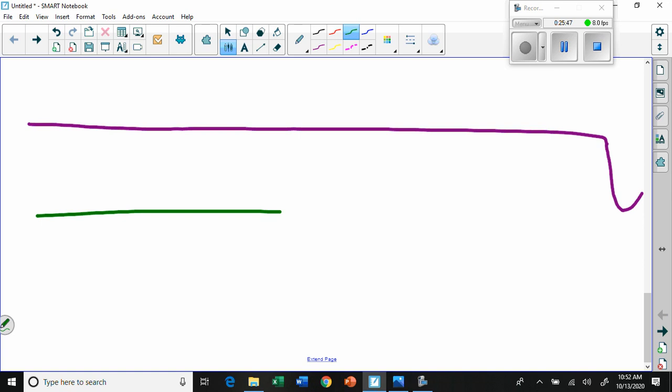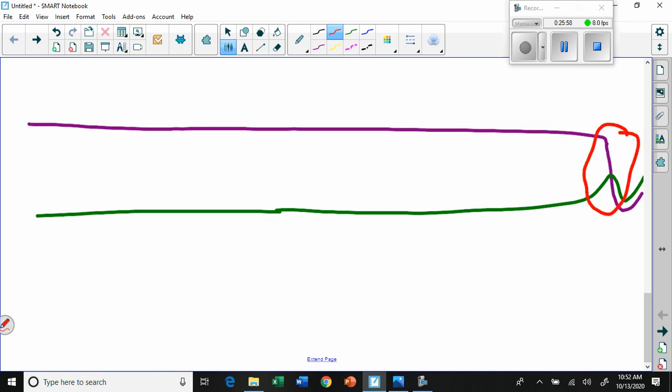And then back to my green, right across there, and then wiggle it up like that. So there's the helicase still chugging along, doing its thing. He's still moving this way. He's still moving to the right, doing his thing.